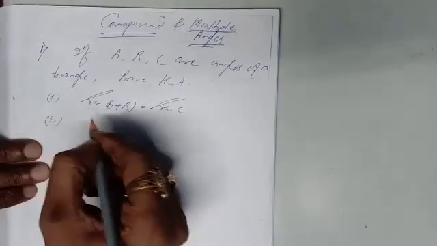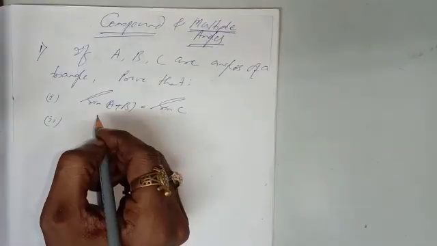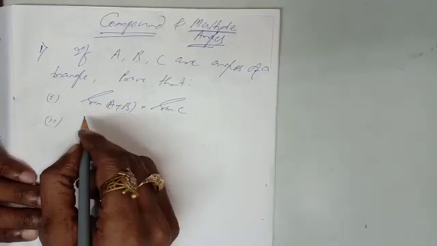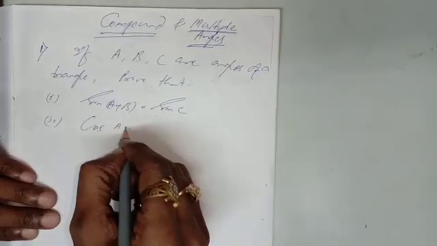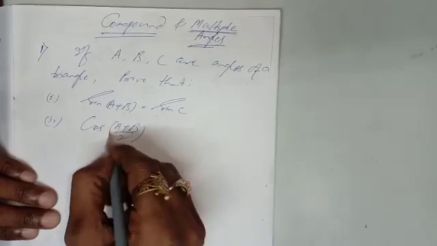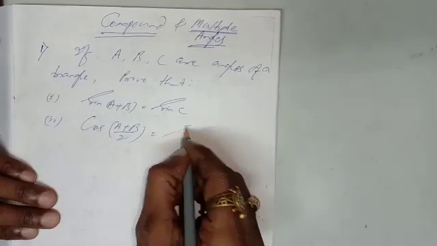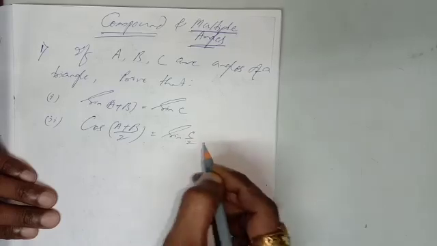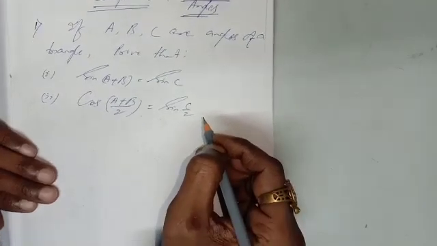Second part question given, just see here: cos((A + B)/2) is equal to sin(C/2). This is the second part question given.